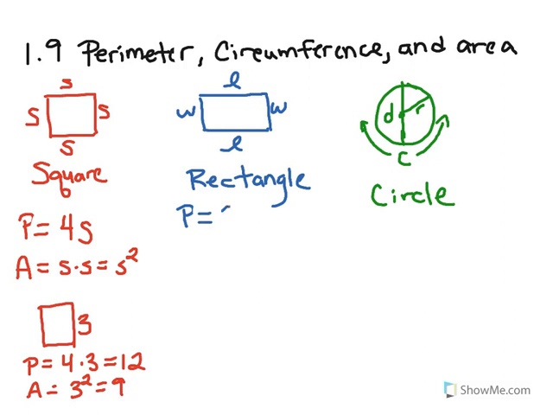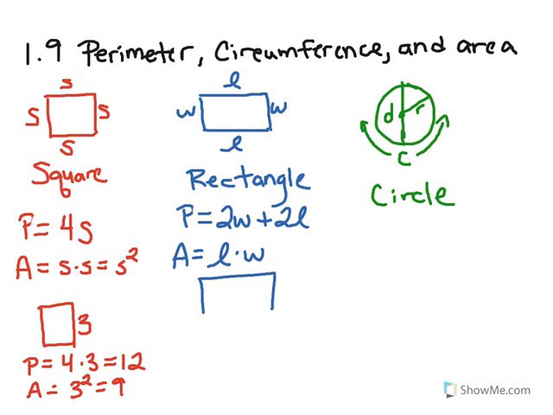So that means I have 2 W's in my figure, and I have 2 lengths. So this is a shorter way of adding up all the sides. And in order to find the area, I'm sure you are very familiar with length times width.